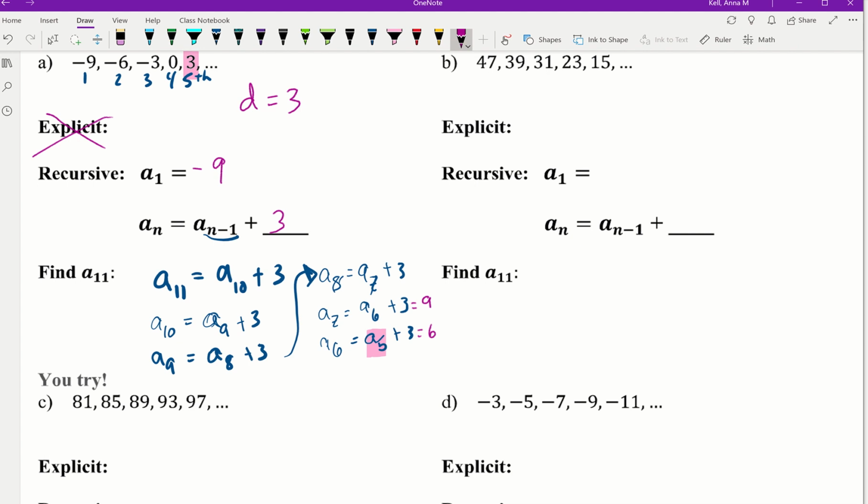Okay, for a second I thought I was subtracting 3. So this one's going to be 9. This one's going to be 12. This one's going to be 15. This one is going to be 18. And then A of 11, which is our outcome, is going to be 21. Okay, so that's the pattern. I think explicit is a lot easier to apply this pattern.